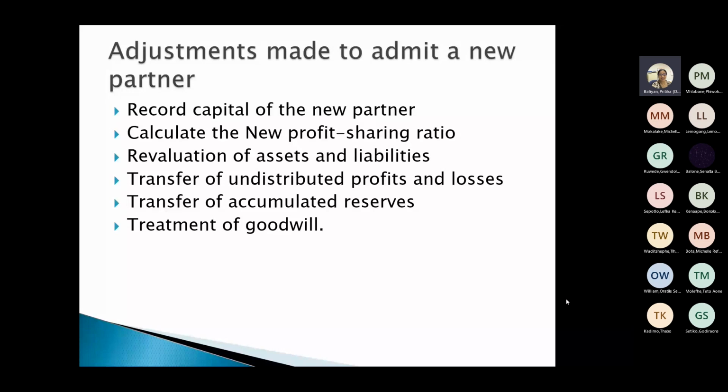If there is a transfer of any accumulated reserve fund, general reserve or reserve fund, that amount also needs to be stated in the new balance sheet or statement of financial position. And what is the impact on goodwill, how the goodwill will be treated. So these are the major changes that come with the admission of a new partner.